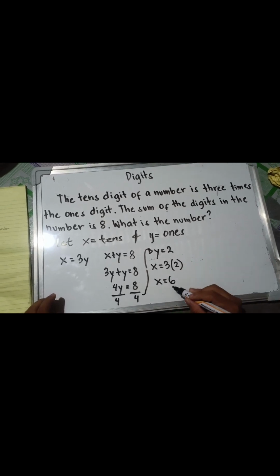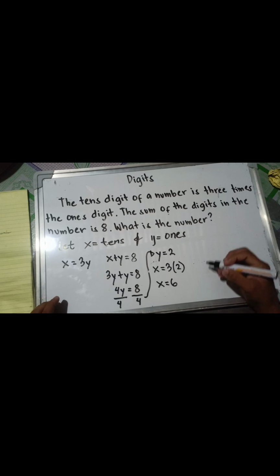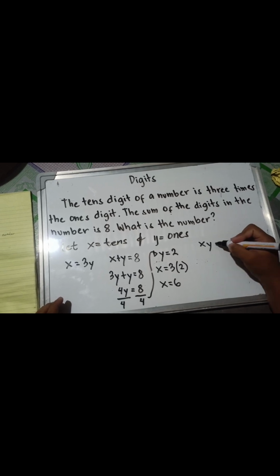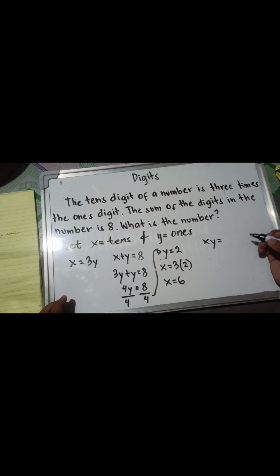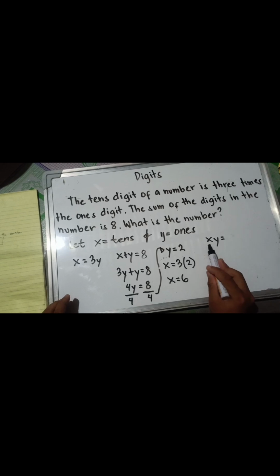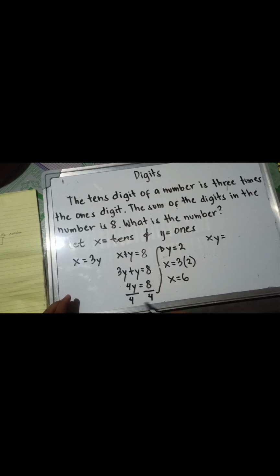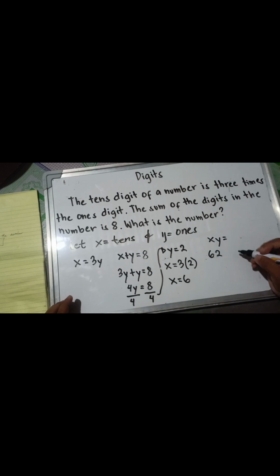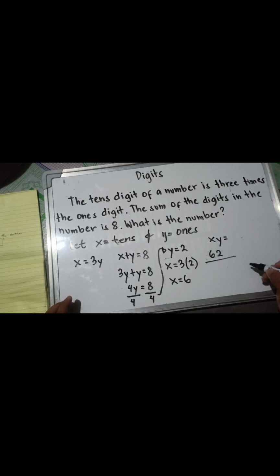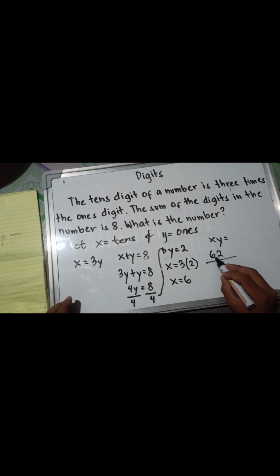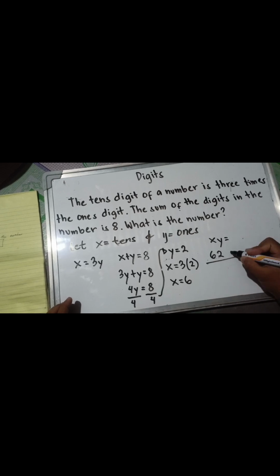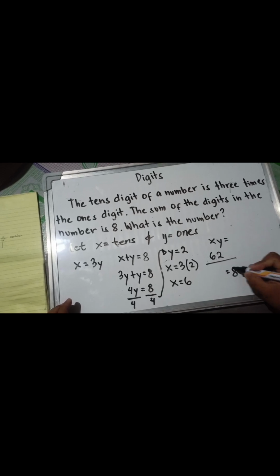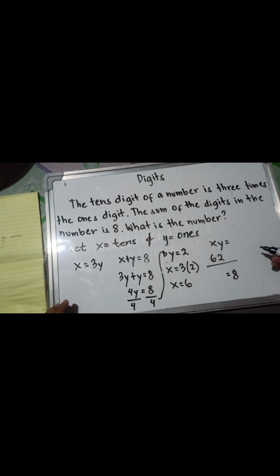So to check the number xy, we just substitute our x, which is 6, and our y, which is 2. So this is the number. If we add these two digits, it equals 8 to satisfy the given equation.